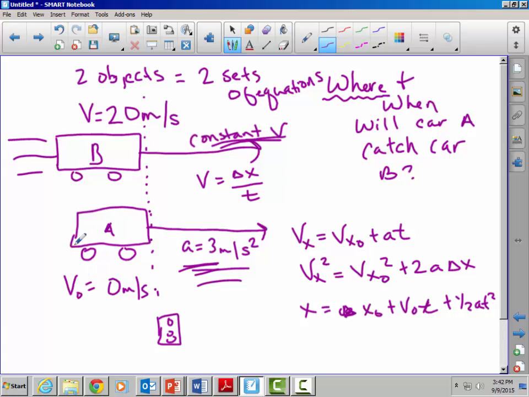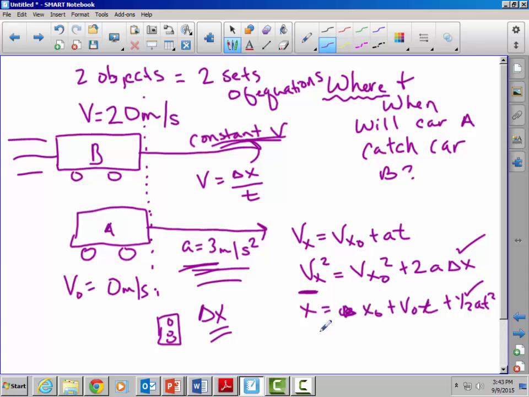Now we have some options, right? We are focused on finding position. So the only two formulas we have that have position in them are these two. We don't know anything about the car's final velocity, so we probably don't want to use that formula. It's probably going to create more headache than it's worth.